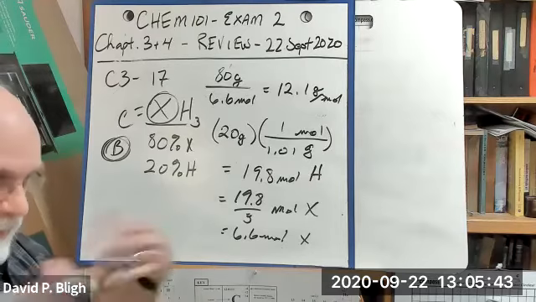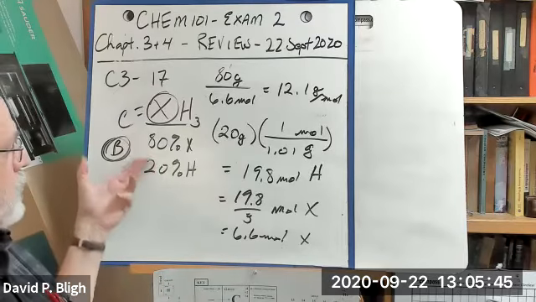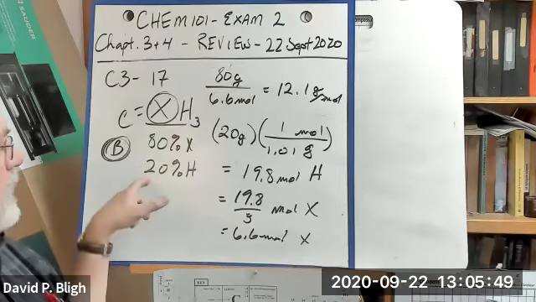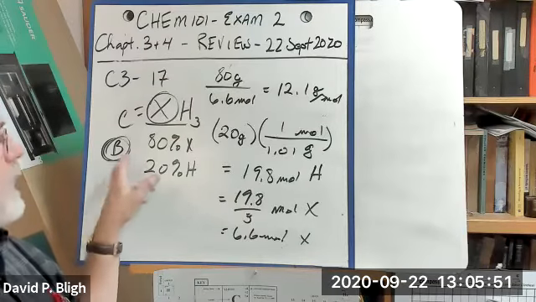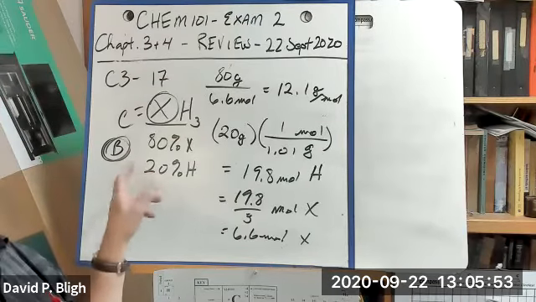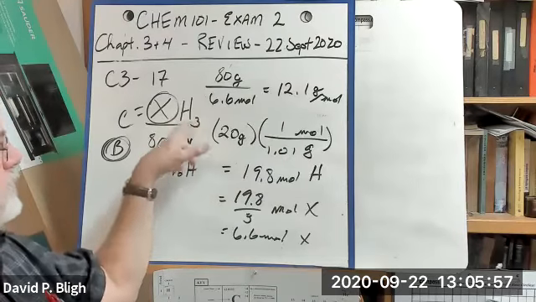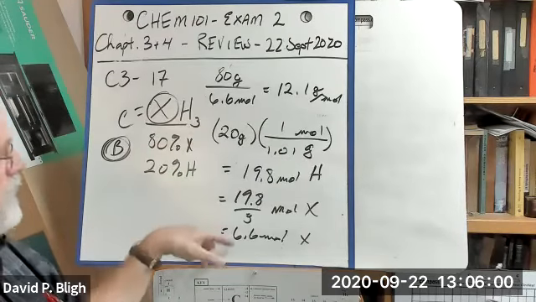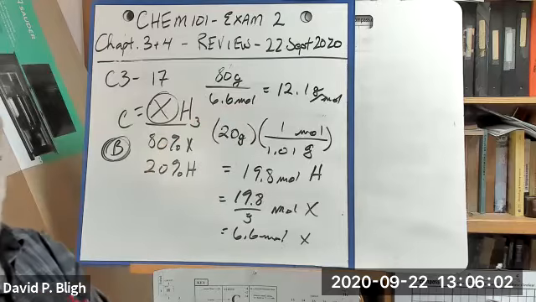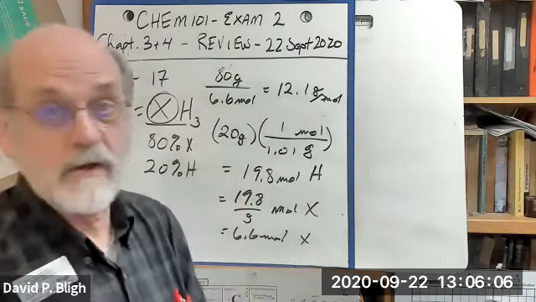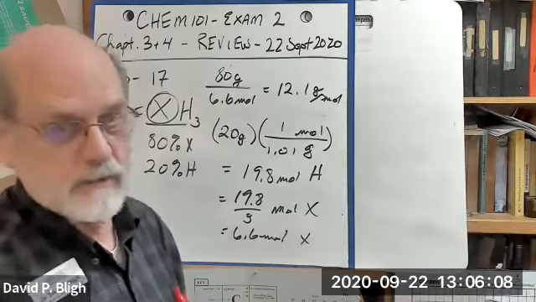Well, if you assume that you have 100 grams total, then you have 80 grams of that sample. And if you assume 100 grams, then you have 20 grams of hydrogen. And 20 grams of hydrogen can be converted to moles, which we did. And then the ratio of moles to moles is 3 to 1, which gives us moles here. So I was working from the wrong end. Actually, this problem works better if you go to the tail end and work your way backwards.